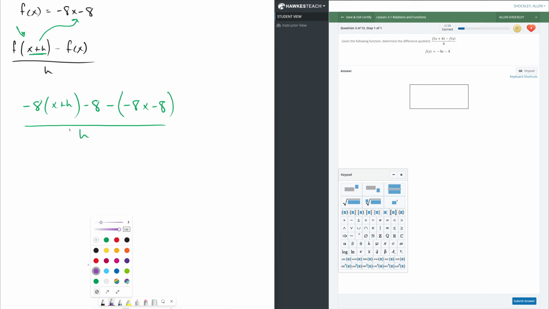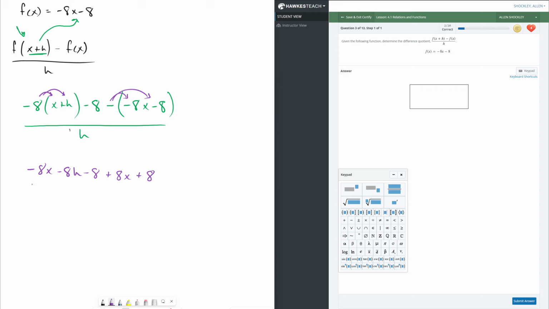So now we have this statement that is extremely long, but what we can do is start to simplify. So I can multiply by -8. So I get -8x minus 8h minus 8. Then the negative sign gets distributed in, so plus 8x plus 8 all over h. If we look at that top, there's a lot going on.